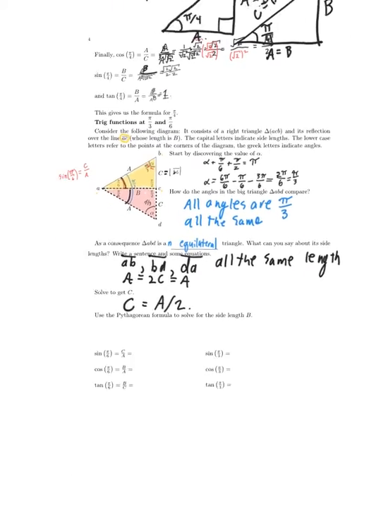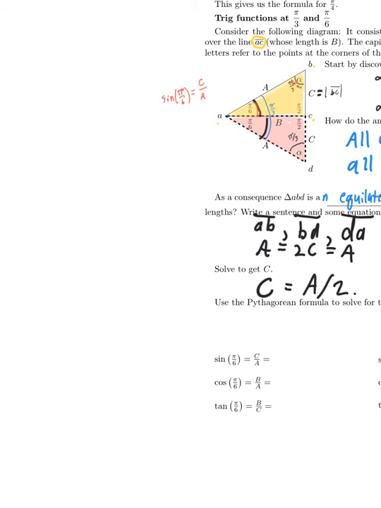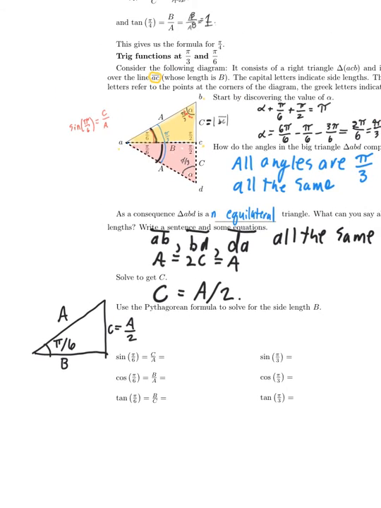That's handy. So I'm going to redraw that northern triangle again. So that top triangle has an angle right here of pi over 6. It has a hypotenuse of length A. It has a base of length B. It has a height of C equal to A over 2. But this is also a right triangle.